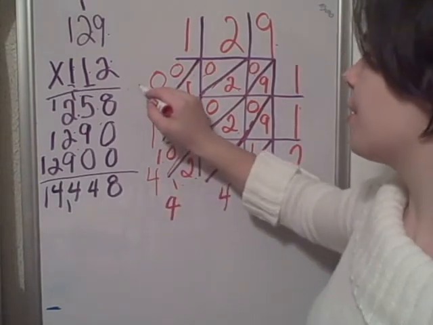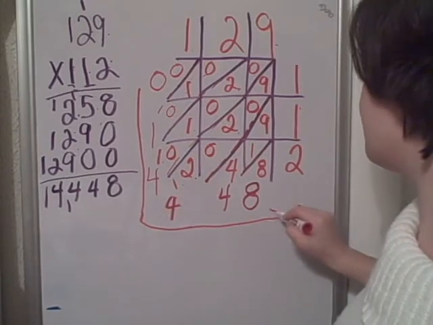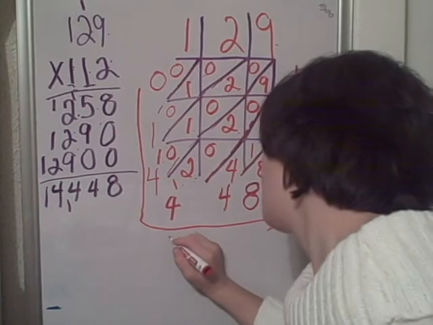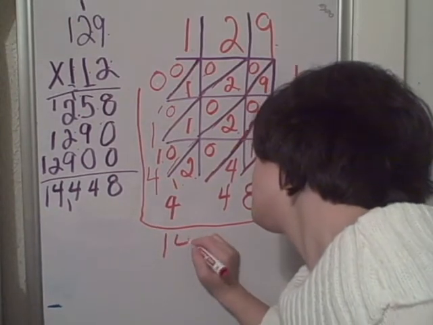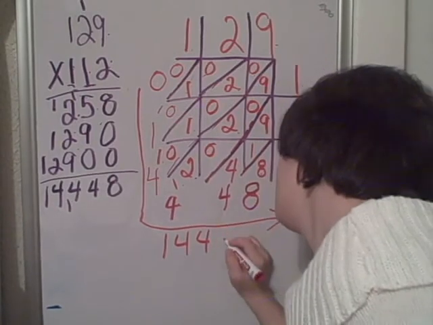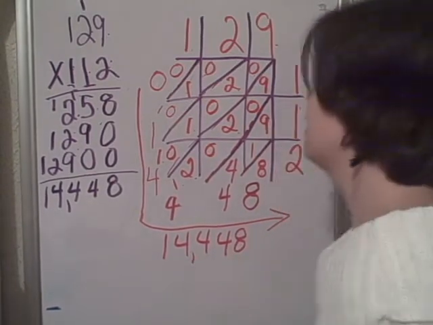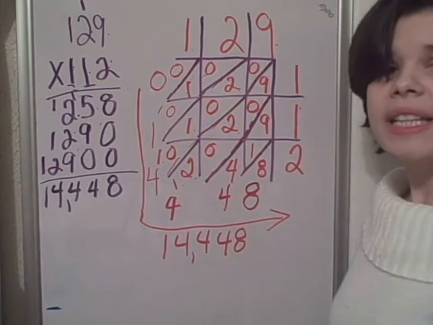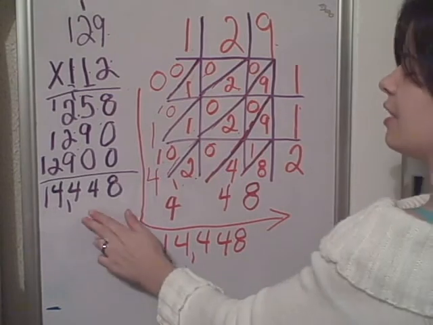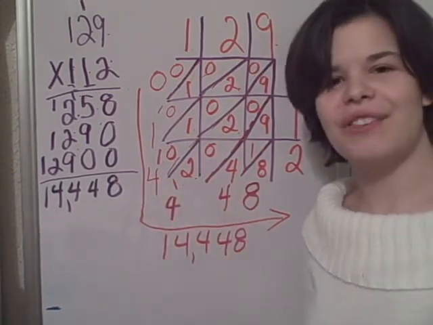So we read our answer down and then across. And that gives us 1, 4, 4, 4, and 8. So our answer is 14,448. You can double check this using your standard algorithm. We had 14,448 using our standard algorithm too.